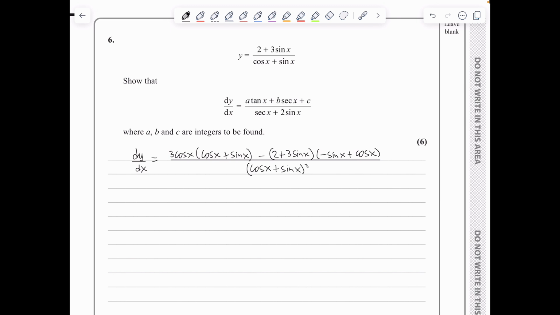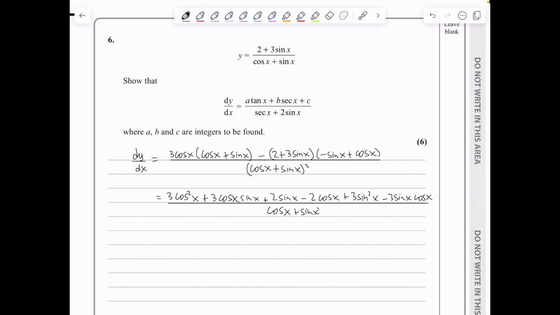I will proceed by expanding. This will give me 3 cos squared x plus 3 cos x sine x plus 2 sine x minus 2 cos x plus 3 sine squared x minus 3 sine x cos x, and all of it over the cos x plus sine x squared.